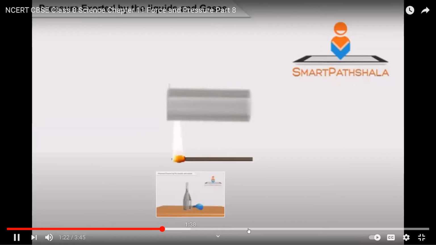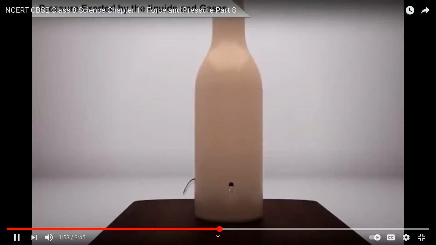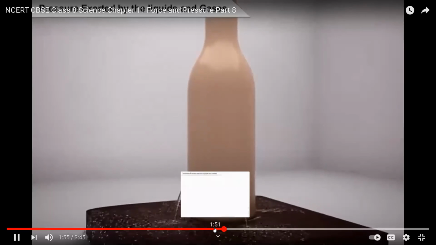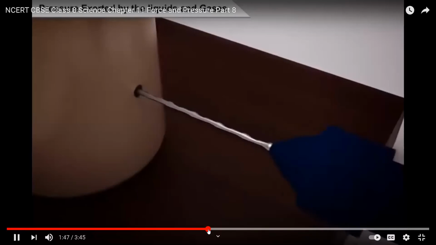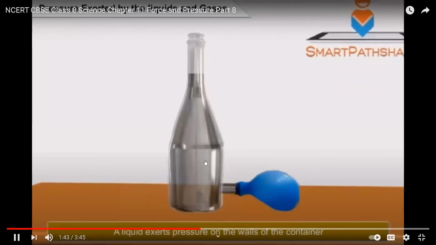Fill the bottle with water. We can observe the water at the same height. It exerts pressure on all the walls of the container.